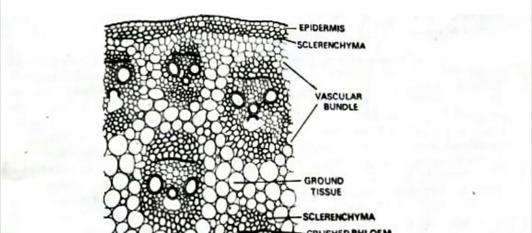In the next diagram we can see the detailed structure of the parts of the monocot stem.